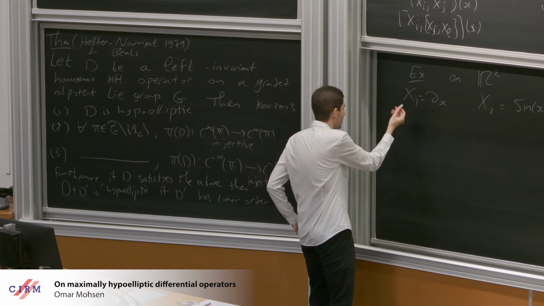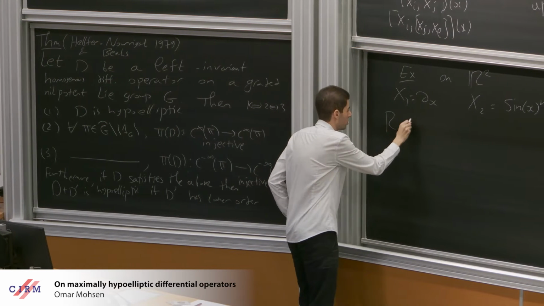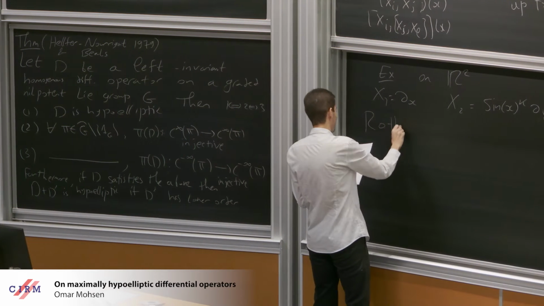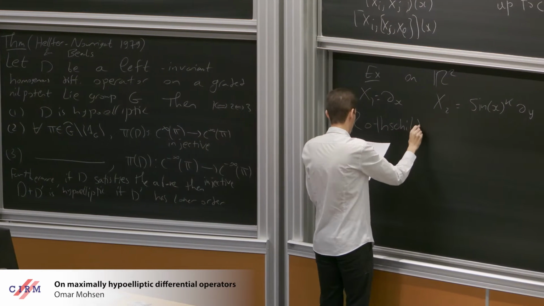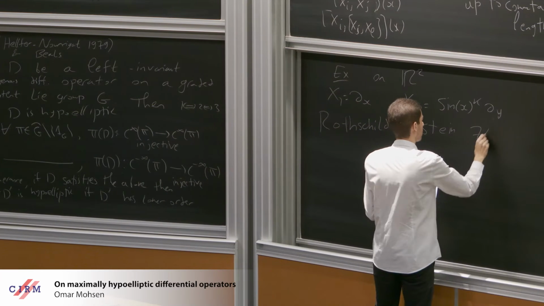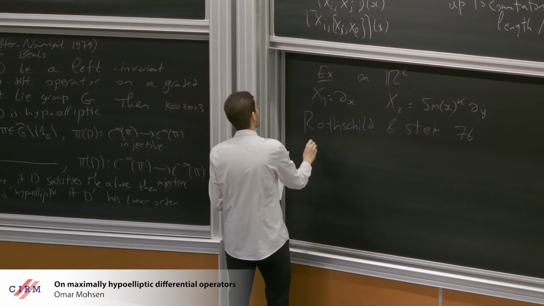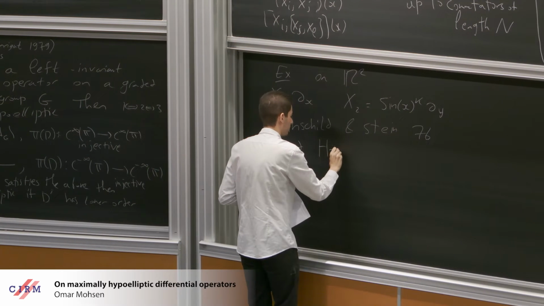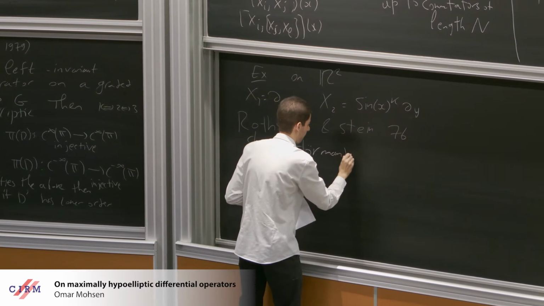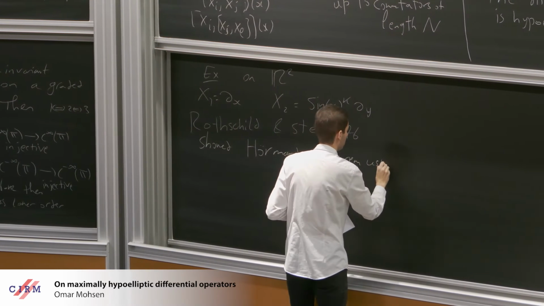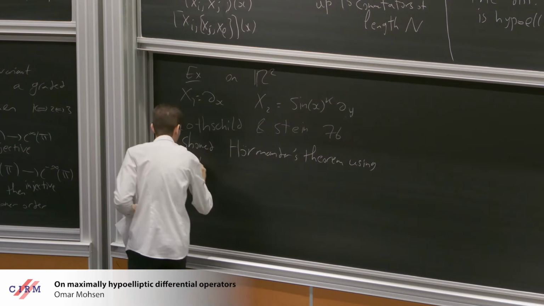In fact, what we have is that Rothschild and Stein in 76 showed Hormander's theorem using the above corollary.